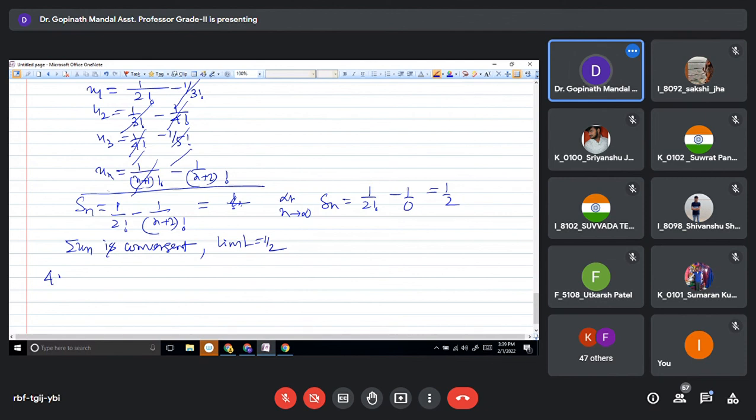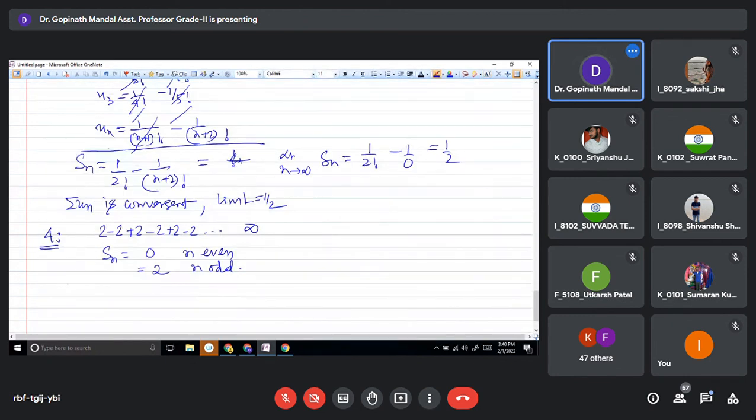Example 4. Discuss the nature of the series 2 minus 2 plus 2 minus 2 plus 2 minus 2, like that up to infinity. So what is Sn? Sn will be 0 when n is even, and plus 2 when n is odd.